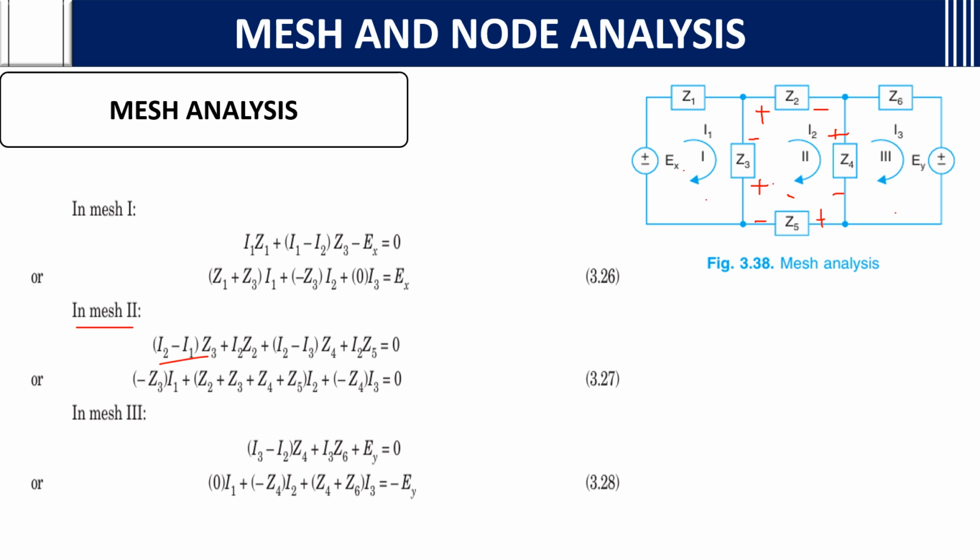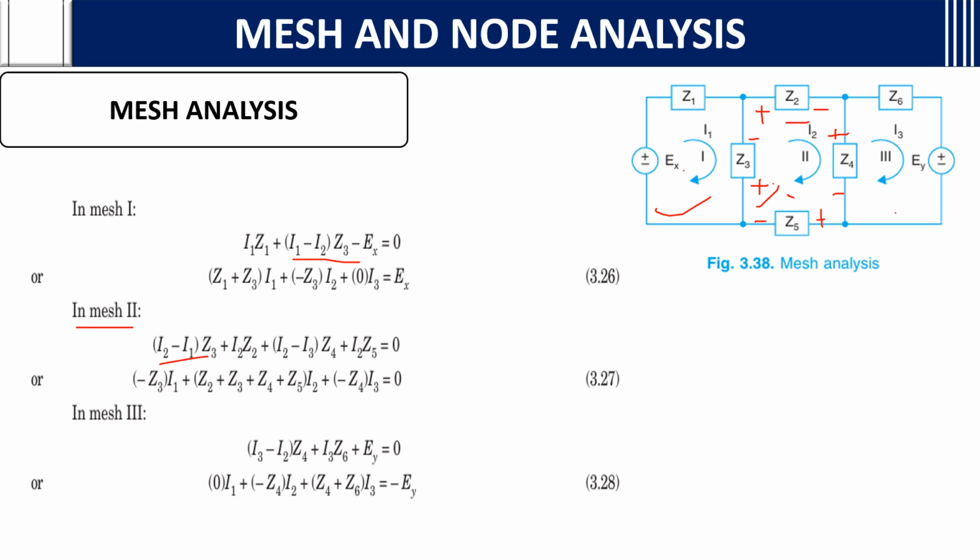Here we have written Z3 into I1 minus I2 because we were considering mesh 1, so the mesh 1 current is mentioned first, then I2 is subtracted. But here we are considering mesh 2, so we consider the mesh 2 current first: I2 minus I1. Then I2 Z2 plus Z2 into I2 minus I3. Again, mesh 2 current first.